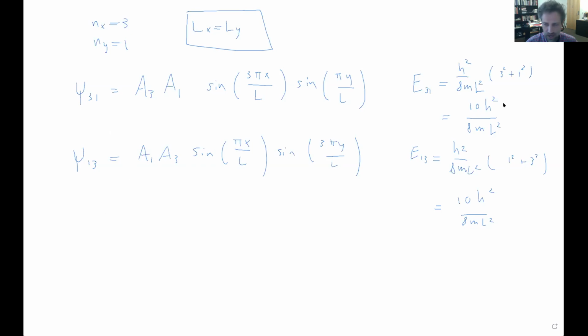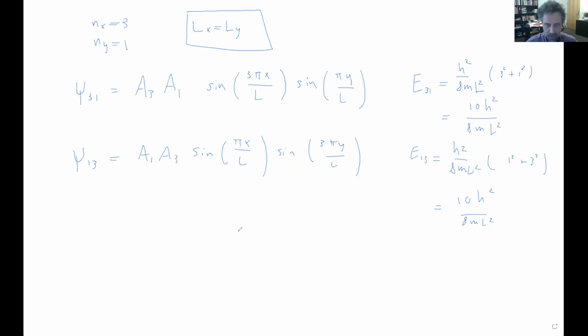So in general, in quantum mechanics, if there is a high degree of symmetry in my system, I will find similar energies for different wave functions. There's a special word for that in quantum mechanics, and that is degeneracy. It's a very strange word, but degeneracy means that two or more wave functions have the same energy.